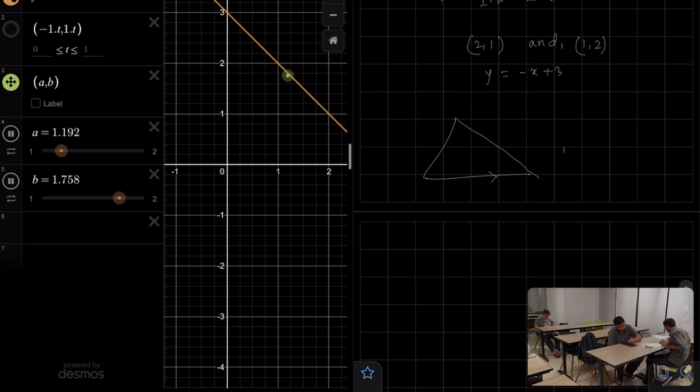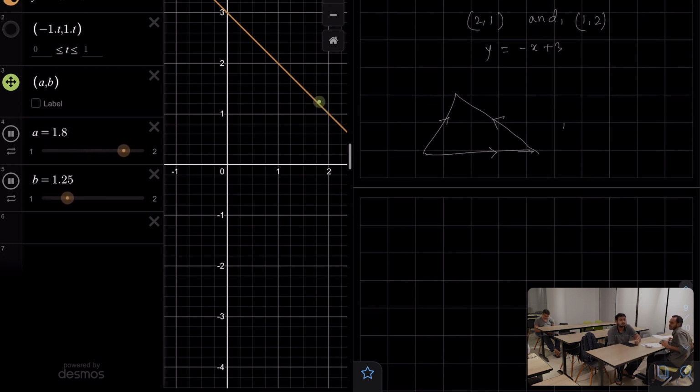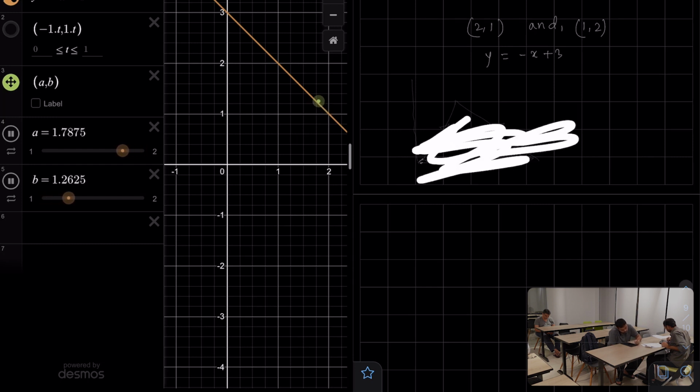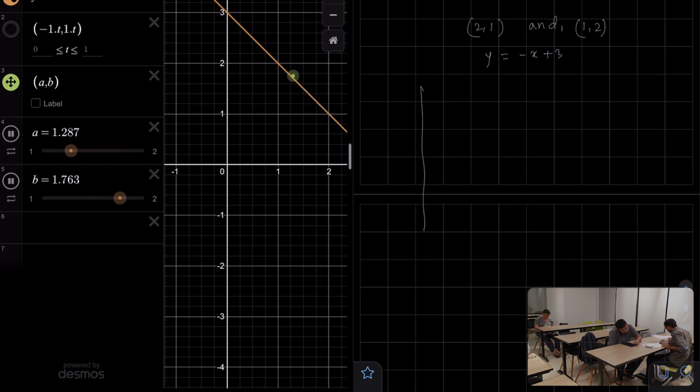use the triangle law. This is this, right? This is the R2 plane, and this is 1 comma 2, and this is 2 comma 1.